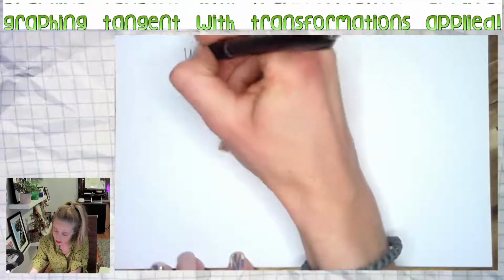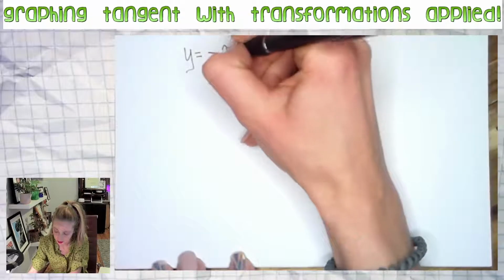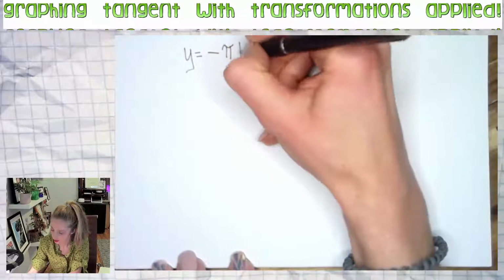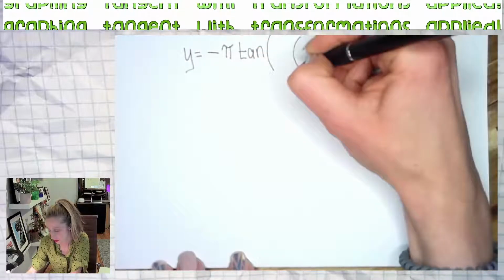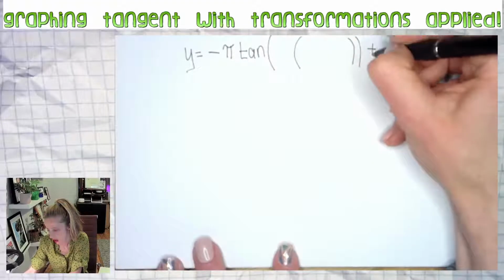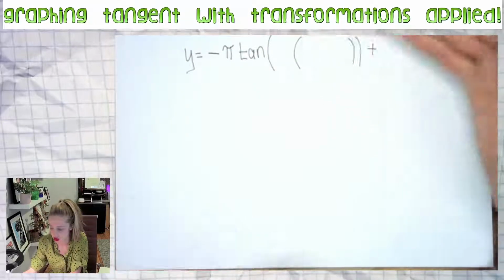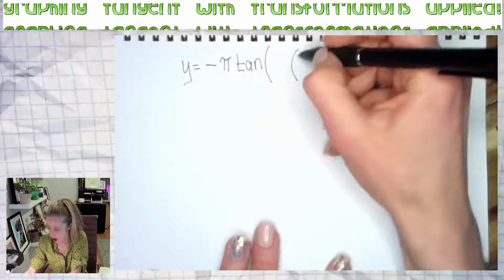why don't you try y equals negative pi, what? Tan. I've been doing plus a lot for these because it's just annoying to fit the graph when you shift everything down, you know?